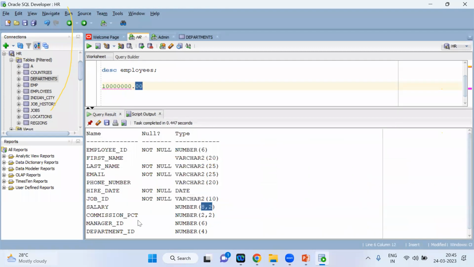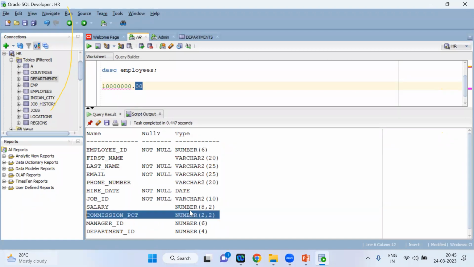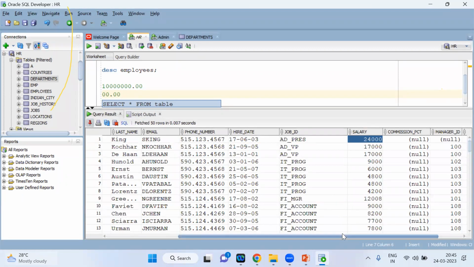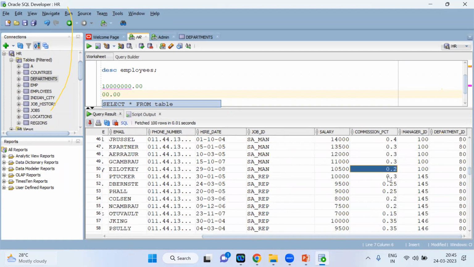If you see other things, commission percentage. So number and 2,2 means what? Up to this, you can store commission percentage. If you see in actual, they have stored some values here. Now see 0.25.